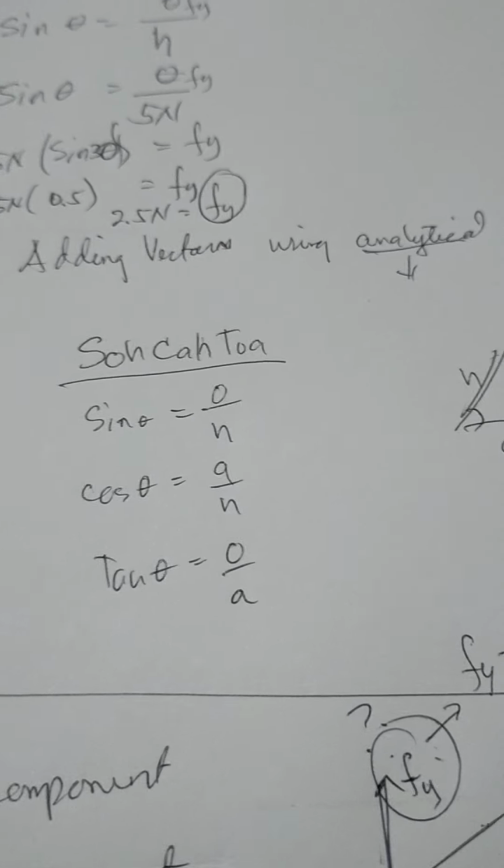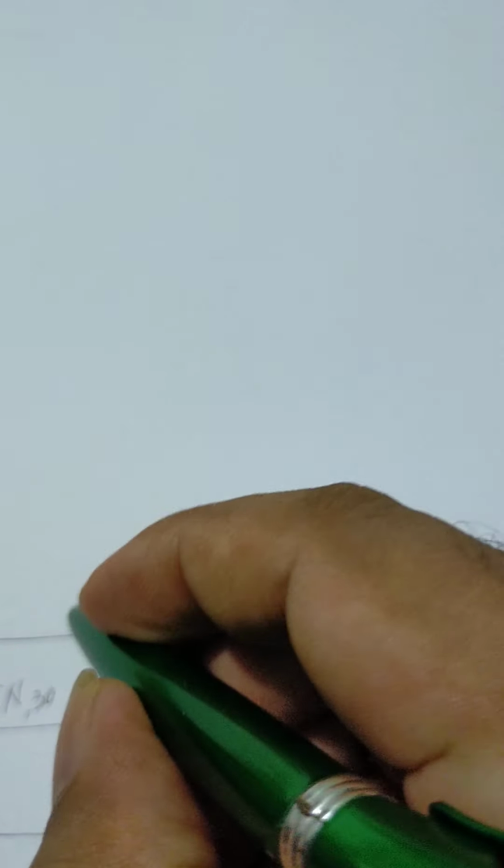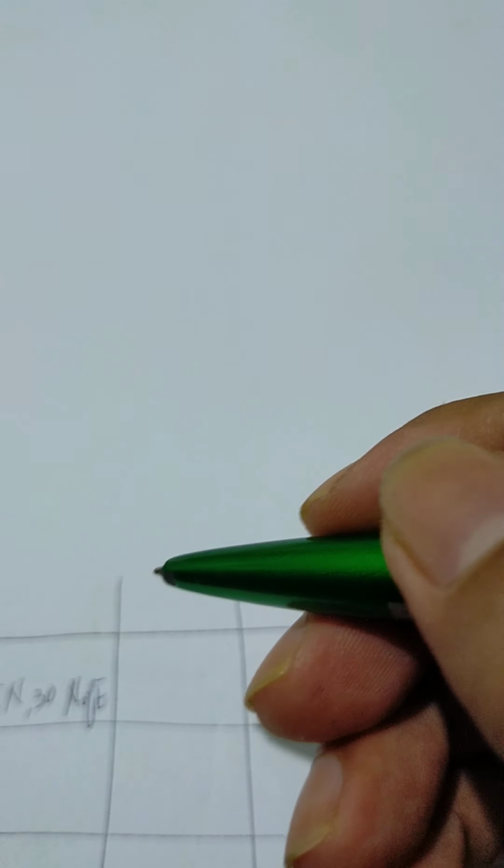Now, to make it a bit easier for you to understand, you have to use a table. So I will now introduce the table. Our first vector is 5 Newton, 30 degrees north of east.